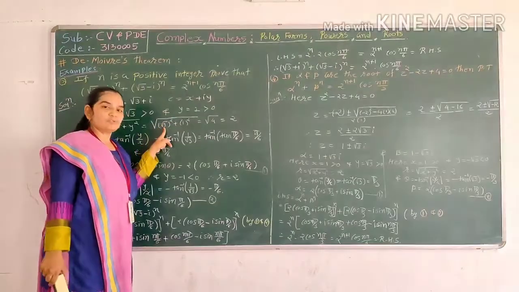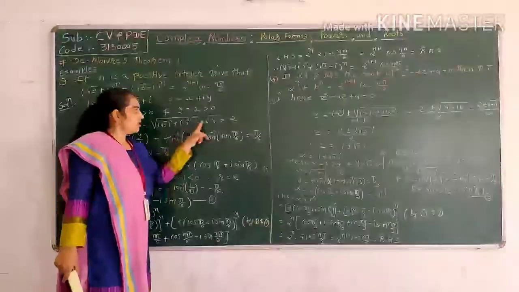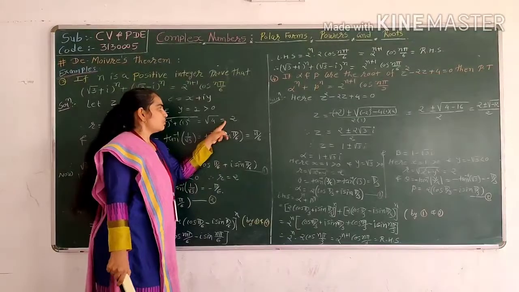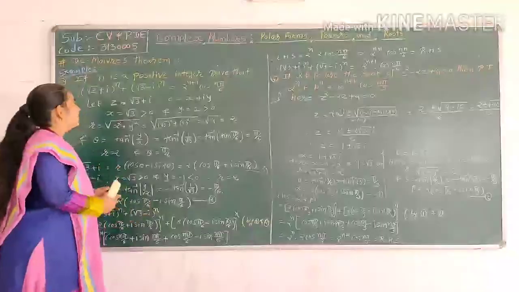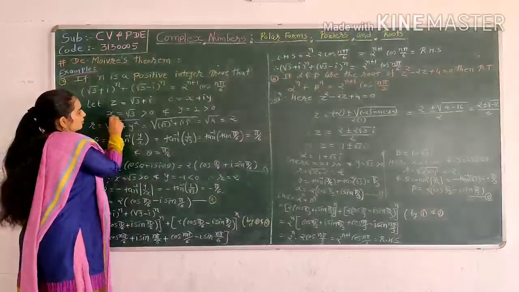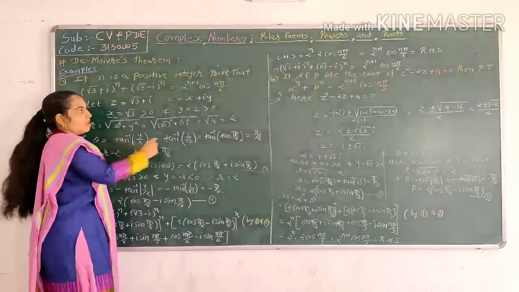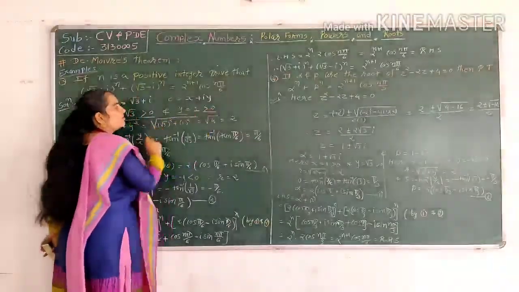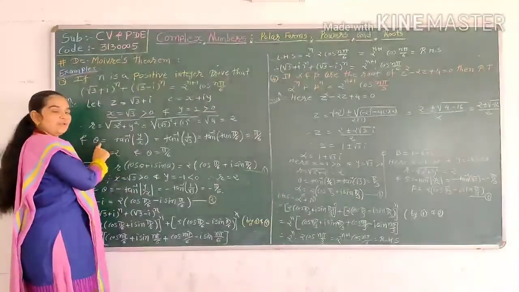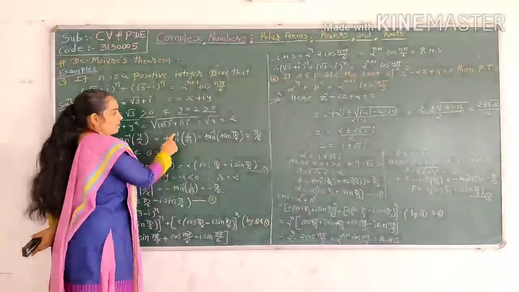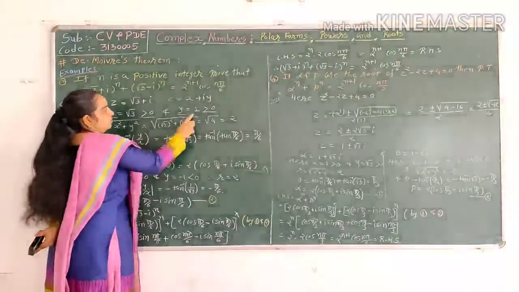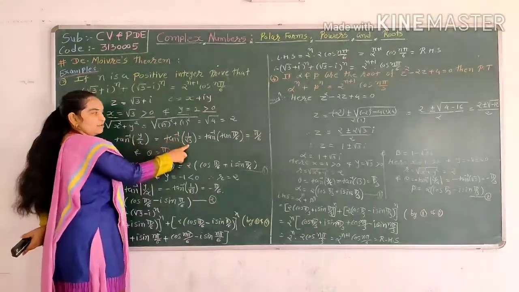Under root 3 square is 3 plus 1 square 1. Therefore under root 4 is equal to 2. And theta, we are given x is greater than 0 and y is also greater than 0. Therefore theta is equal to tan inverse y by x, which is tan inverse 1 divided by under root 3.